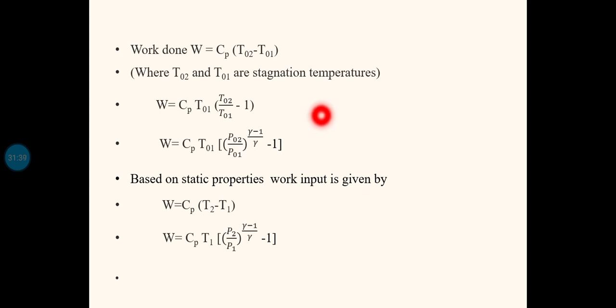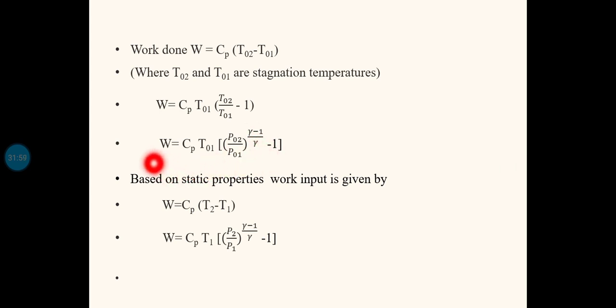If it is not given, we will take it as 1.4. Similarly, for T02 by T01, I can write it as (P02 by P01) raised to (gamma minus 1) by gamma, minus 1.